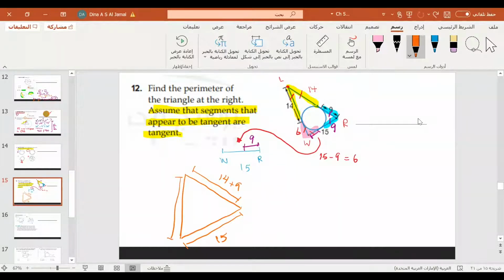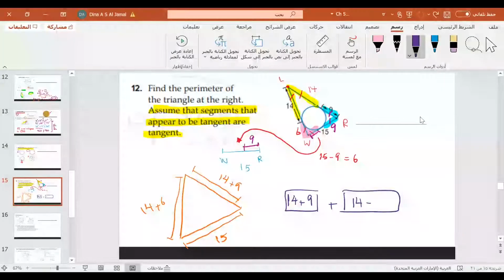And there, you know that it's 14 plus 6. So what do I mean by the perimeter? It's the summation of all the outside values. So 14 plus 9 plus 14 plus 6. This is the second side. And lastly, the last side, which is 15, which is given to you already. So it will be 58 units.